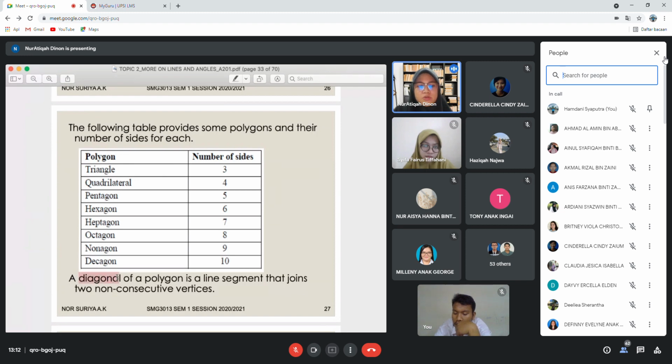Then let's go through diagonals. A diagonal of a polygon is a line segment that joins two non-consecutive vertices. For example, a triangle has 3 sides, so there are three vertices. When we can draw a line that connects vertices, that is a diagonal of the polygon.